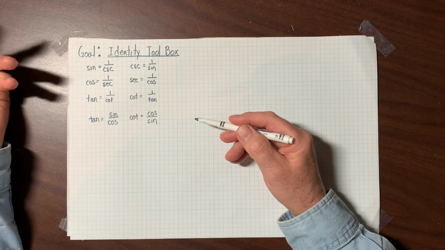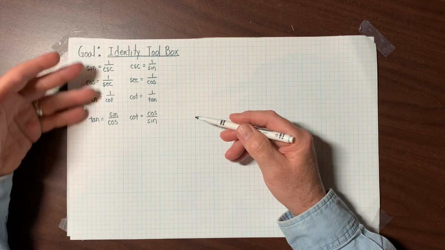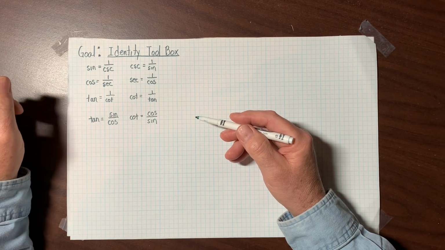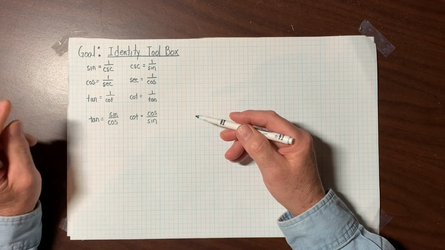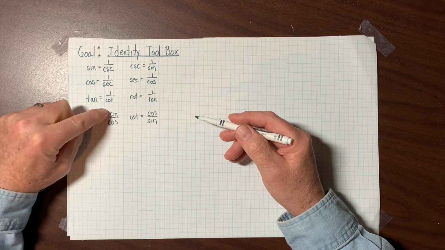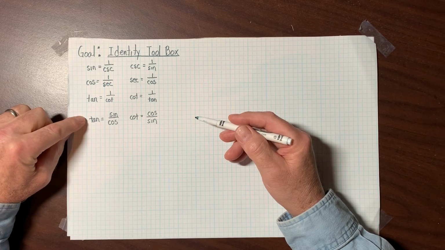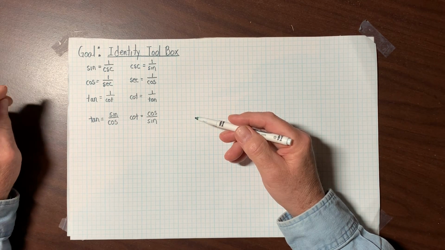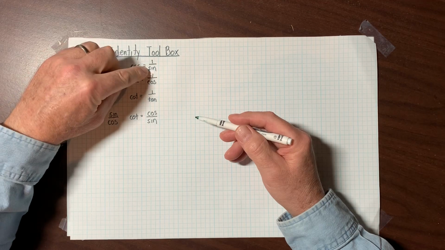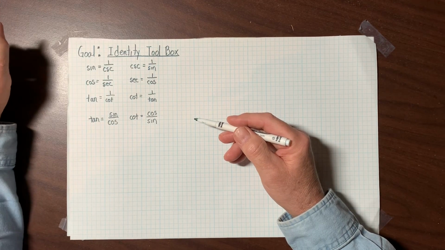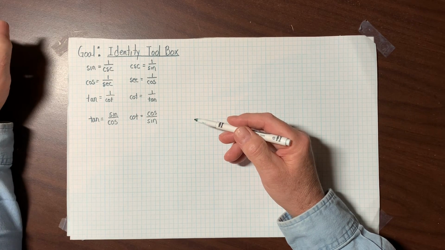And of course, you can only do that if the things are equal. And this is just really a listing of things that are equal. So you may want to, at some point in time, substitute the expression sine over cosine for tangent. Or you may, at some point in time, want to substitute 1 over sine for cosecant. You'll have reason to do that in the problems that are forthcoming.